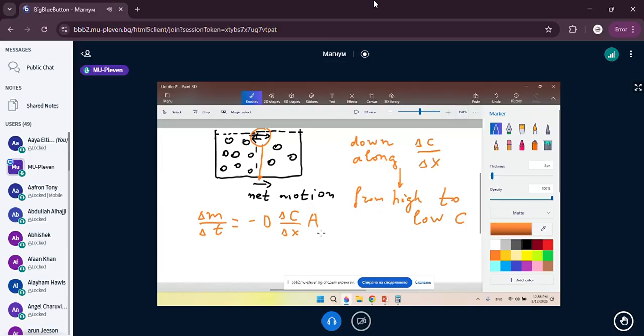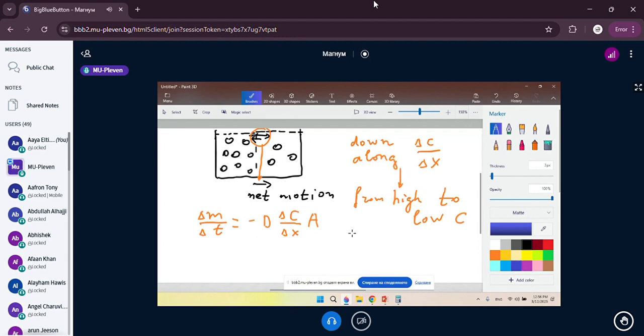So this is one way of writing Fick's law, the rate of mass transfer. The minus sign shows that transfer occurs from high to low, not from low to high.